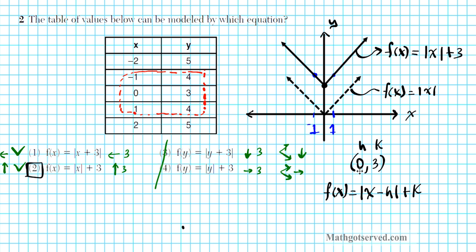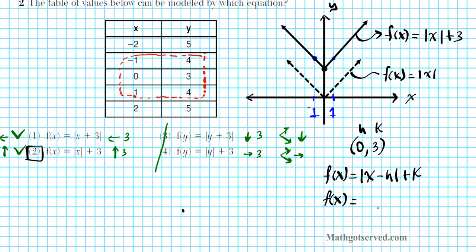If you plug in the values of h and k that you got from the vertex, the coordinates of the vertex, you're going to have f of x equals absolute value of x minus 0 plus 3. And then when you simplify it, you have what we got earlier: absolute value of x plus 3. Answer is option number 2.